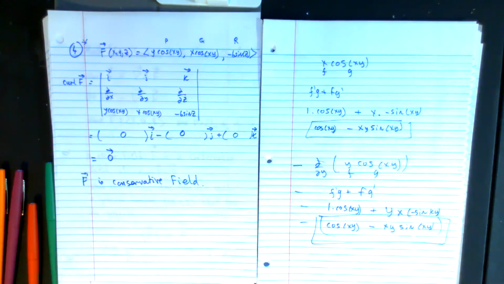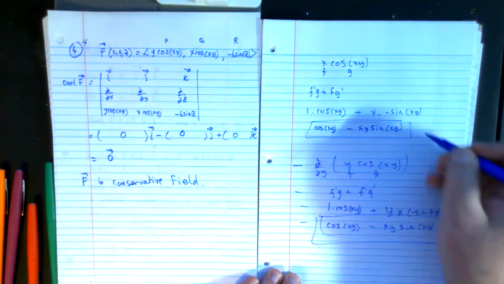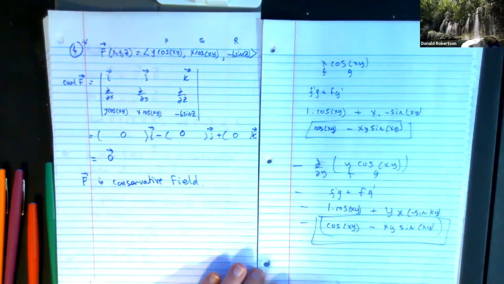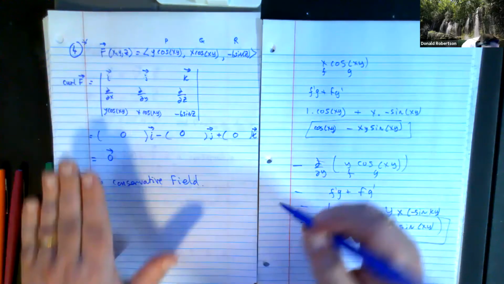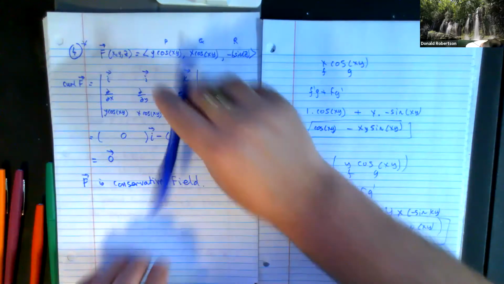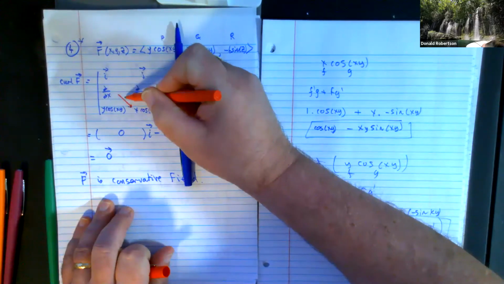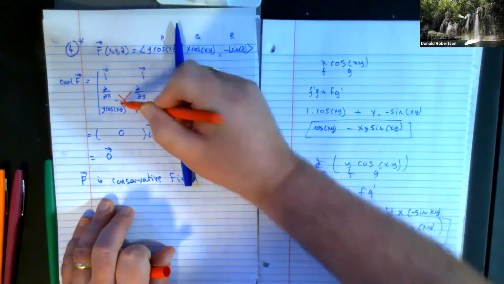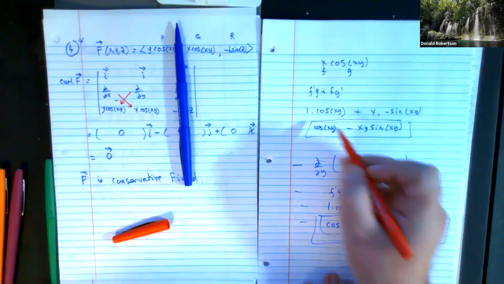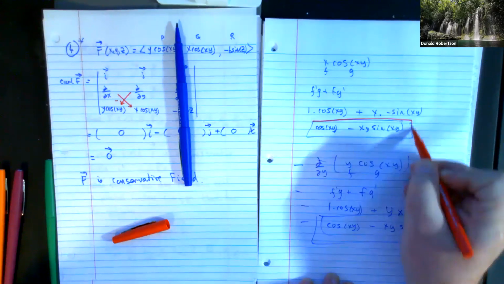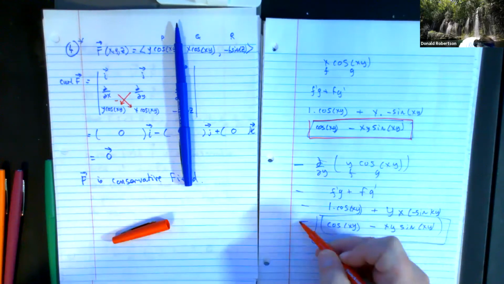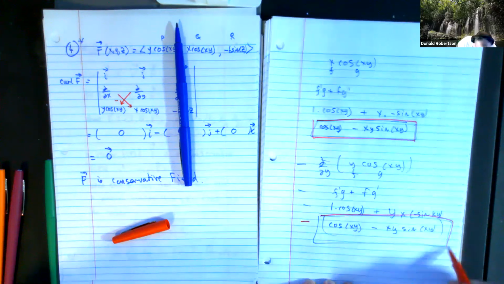Are we subtracting the top derivative by the bottom derivative, or the bottom derivative subtracted from the top derivative? Okay, let's do this last one. We are taking this derivative, subtract that derivative. This derivative is him, subtract this derivative, which is the other guy. And they are the same thing.